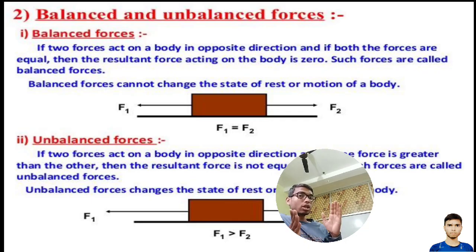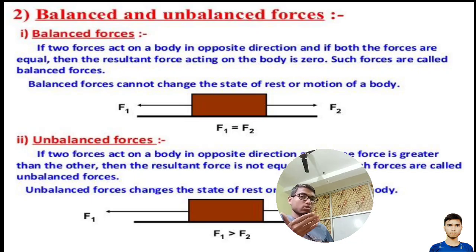So here the amount of newtons on both sides is the same, so we can say forces are being applied with equal amounts. That's why in this case the object will not move at all, because on both sides the newtons are the same. That's why the object will be at rest.